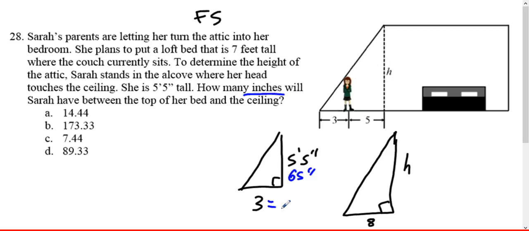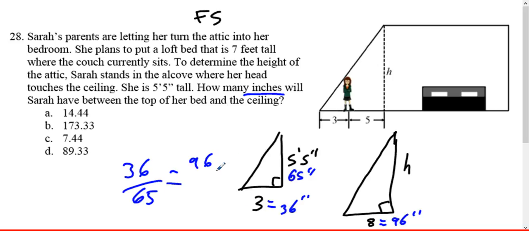You can also change the 3 feet to be 36 inches and the 8 feet to be 96 inches. And then find the height of the room in inches. So to do that, you would have 36 over 65 equals 96 over H.